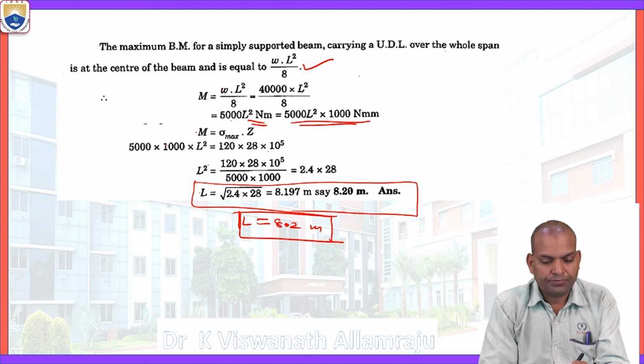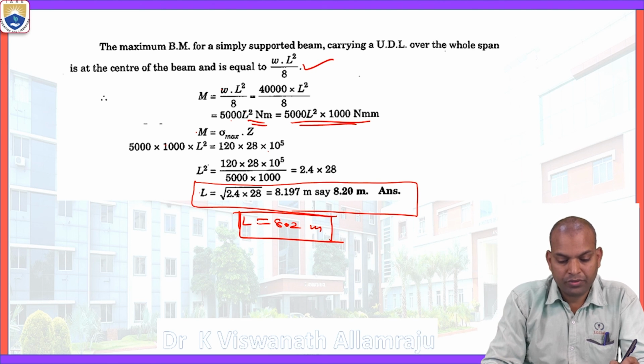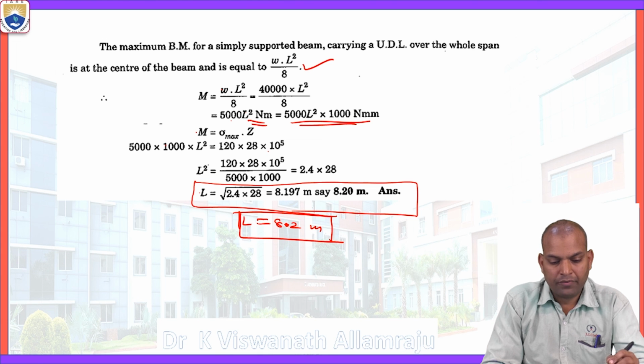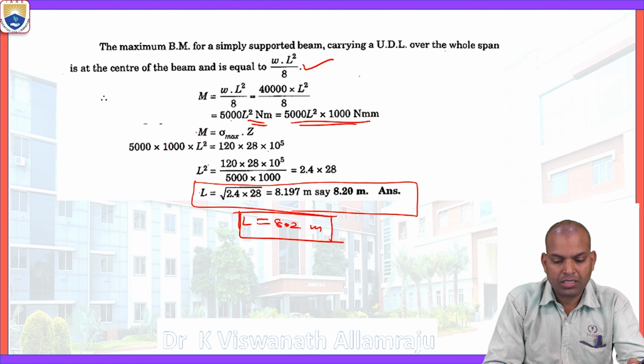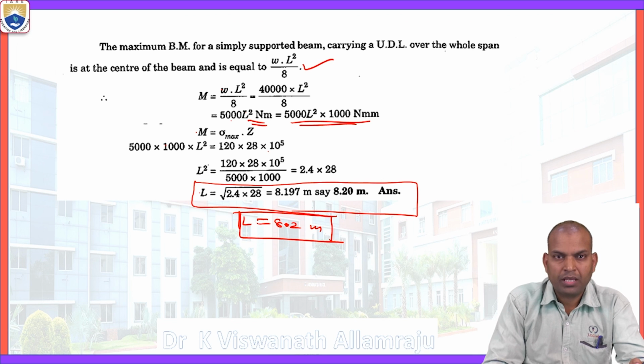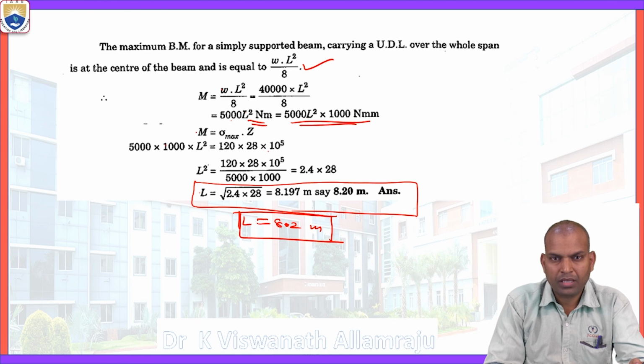So here, in this session, we solved various problems, especially various models. There are 3 models covered. One model is finding the bending stress. The second model is calculating the uniformly distributed load. And the third model is calculating the span of the beam.